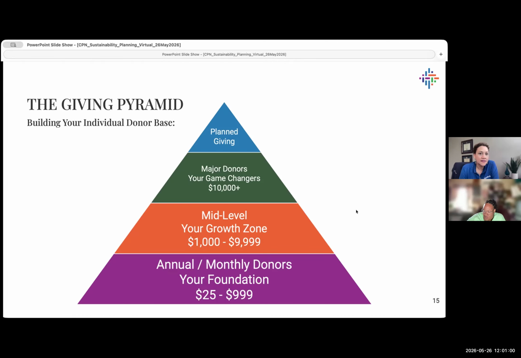A donor advised fund is a relatively new vehicle that was created in 2020 under Trump's first administration that allows donors to get a tax write-off the moment that they put the money into the fund. And they usually put the fund someplace like the New Mexico Community Trust, or the San Francisco Valley Trust.